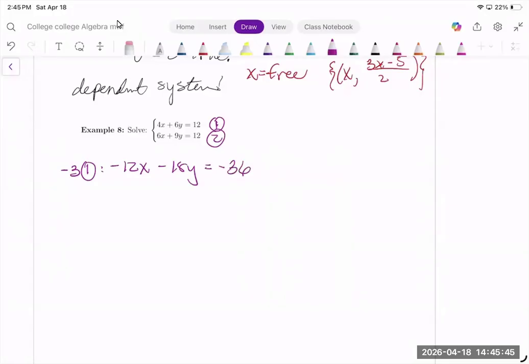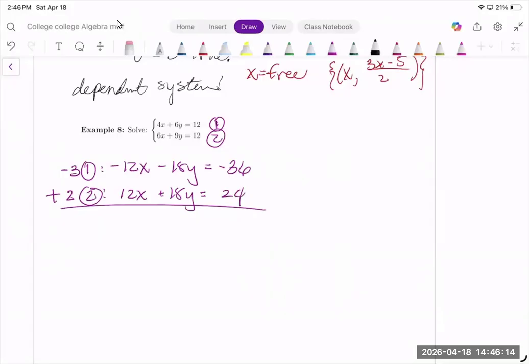And I'm going to run a positive 2 through equation 2 so that when we add down, I get negative 12x plus 12x, and they should zero out. So 2 times 6x is 12x. 9 times 2 is positive 18y. 12 times 2 is 24.